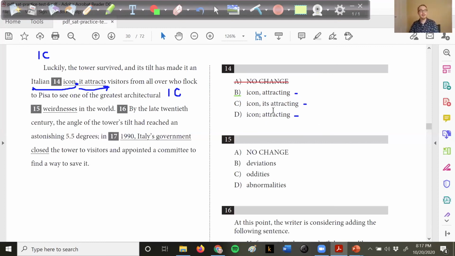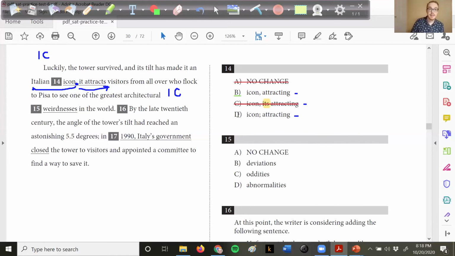"Icon, comma, it's attracting visitors from all over." No, that doesn't make sense. If we're trying to say "it is attracting," there should be an apostrophe here. And if we're doing that, then there can't be a comma supporting it because it's a complete sentence. So I don't like C.